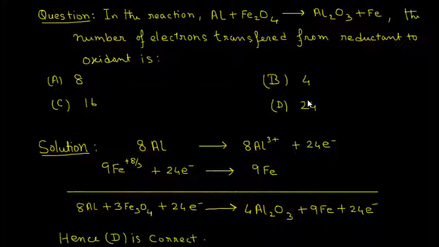So first we write both parts of the reaction, that is the aluminum part reaction, and second the iron part reaction. Upon solving we find that 24 is the correct answer, that is D. Why? Because 24 electrons balance the ions on both sides, which gives the answer.